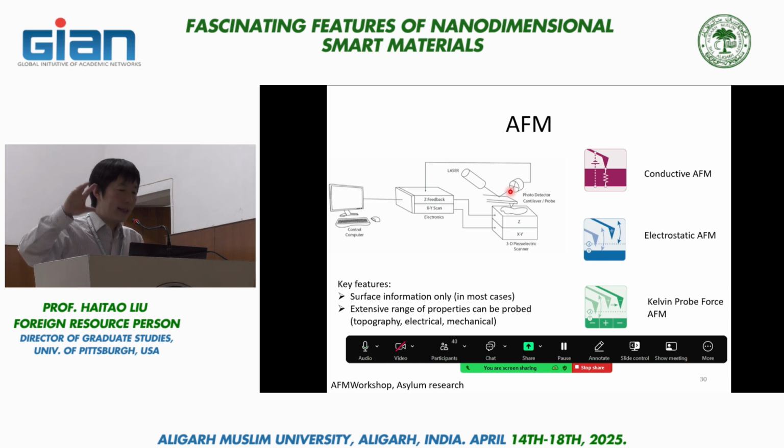You're going to apply a little bit of potential between the tip and the sample, and you're going to look at the vibration phase lag of the tip. And this phase lag will change based on the electrostatic interaction experienced between the tip and the substrate. So this technique will allow you to detect the presence of charge on the surface, down to single charge or even partial charge on the surface.